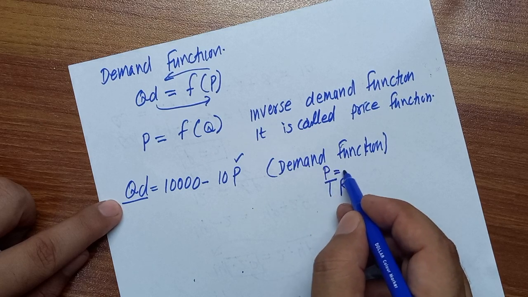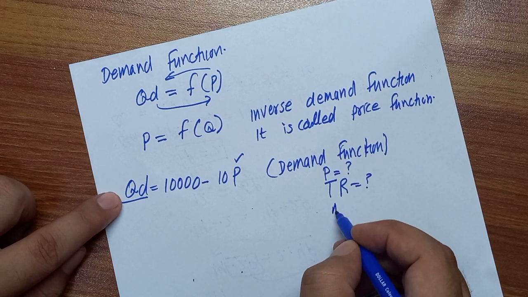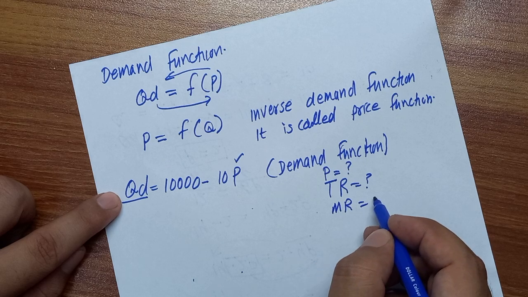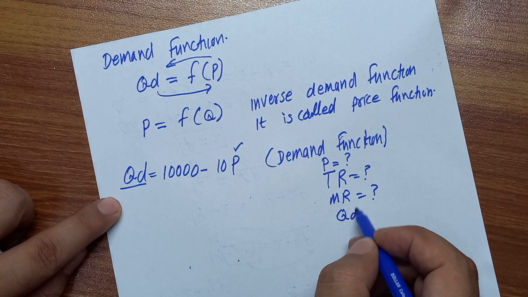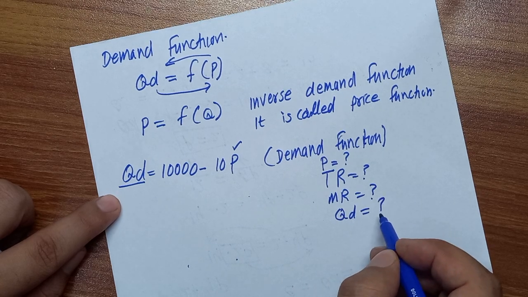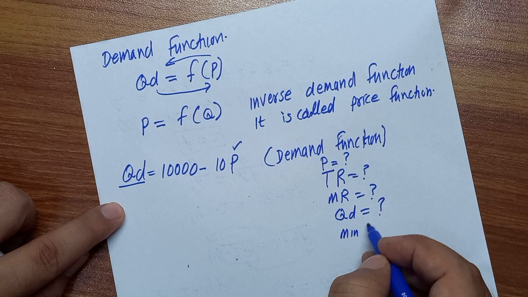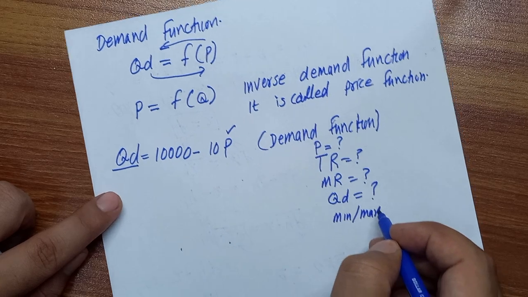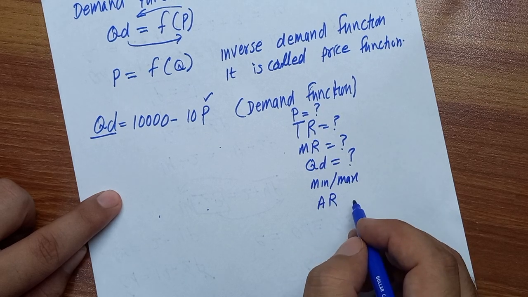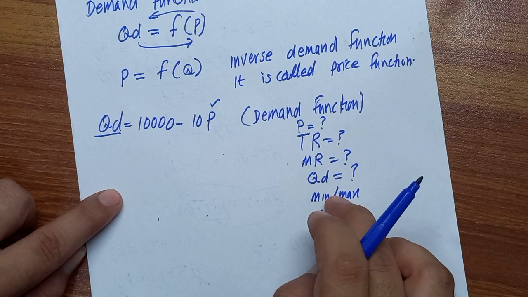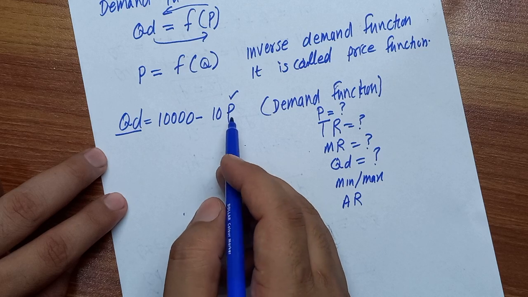We will find price, we will find total revenue, we will find marginal revenue, we will also find QD, and we also minimize and maximize, and the last thing is average revenue. So we will find all these things. First we will find the price function.